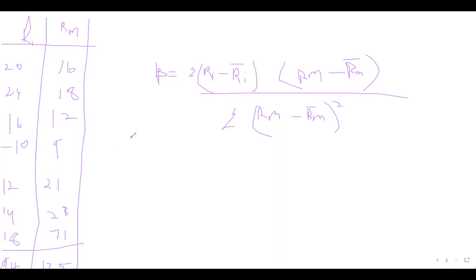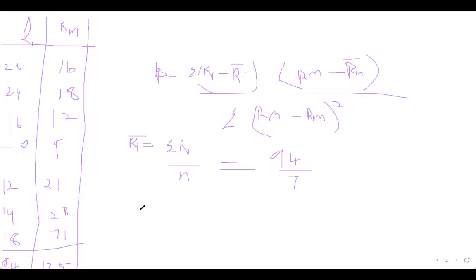How do I find out my arithmetic mean? Ri bar is equal to summation Ri by n. So what do I get that as? I get this as 94 by 7.